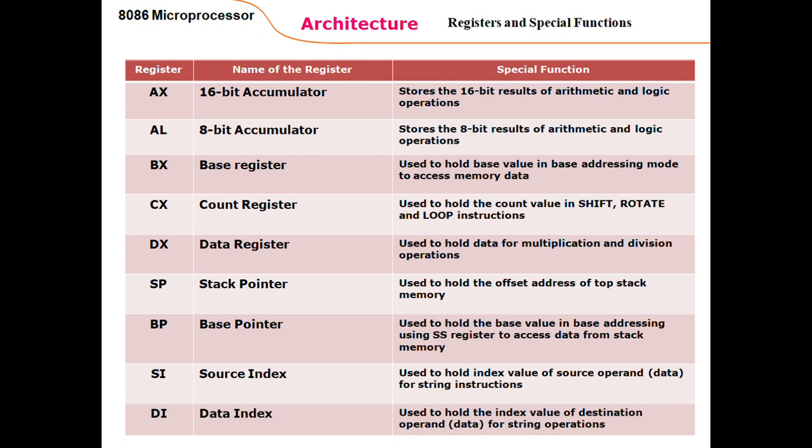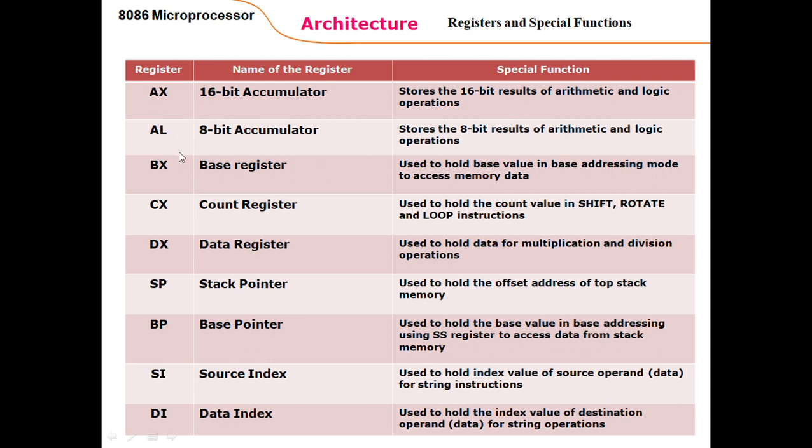Even though some of the registers are general purpose registers, there are some special functions of these registers as well. For example, the 16-bit accumulator stores the 16-bit result of arithmetic and logic operations, during multiplication, during division.